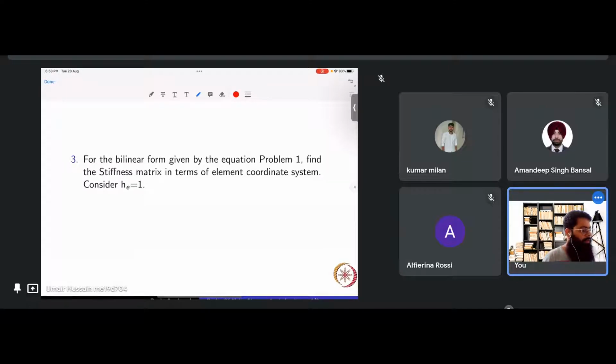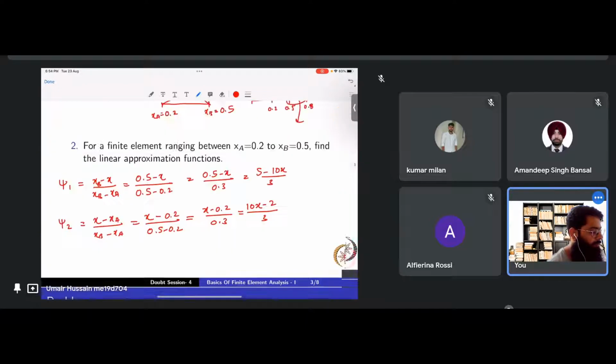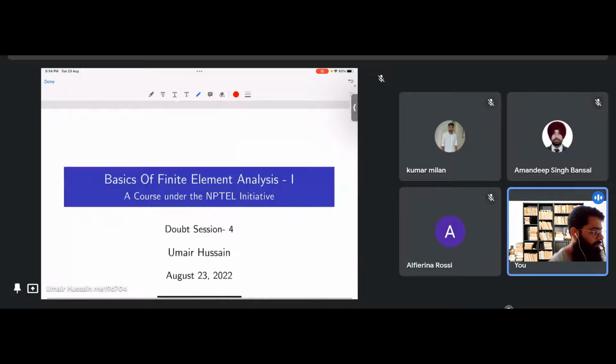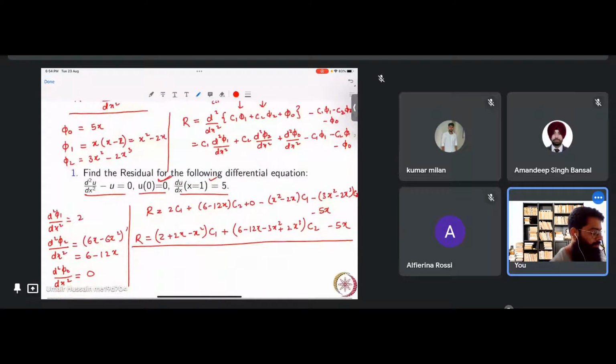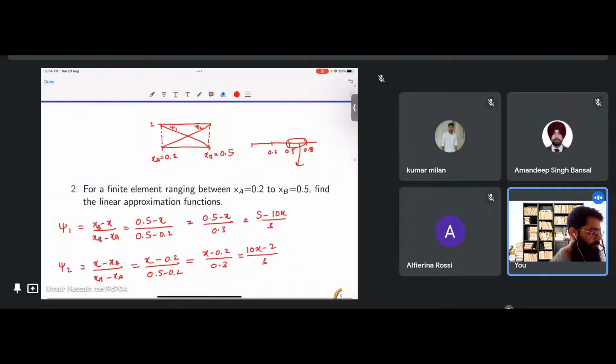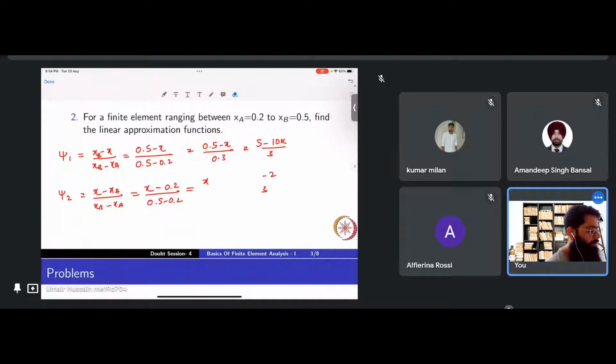Okay. So for the bilinear form given the equation of problem one, find the stiffness matrix in terms of the element coordinate system. Okay, we'll do that. What was the bilinear form in problem one?